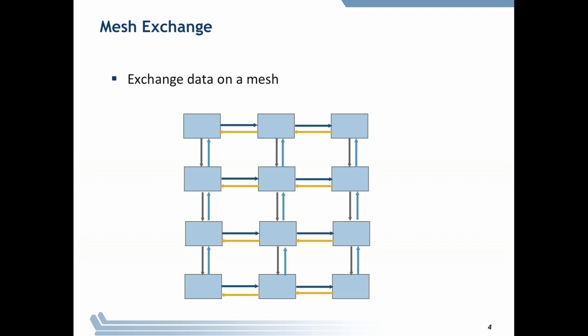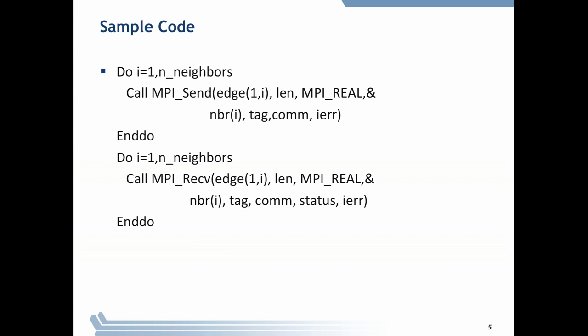So just think of this as a process. And the arrows are the communication for the neighbors. And for the typical neighbor exchange, you know that you have data on this edge that you want to send to this process, and data up here you're sending to this process, and so forth. And so it's very easy to write that. And you can write it like this. All right? What's wrong with this code?